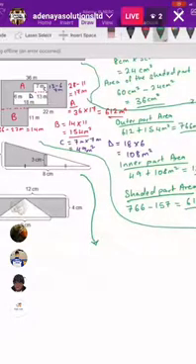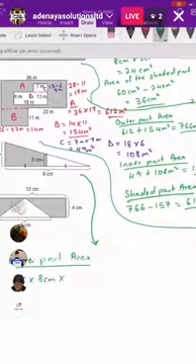So the outer part area is half times the base, which is 8 centimeters, times the height, 6 centimeters. And then you simplify.